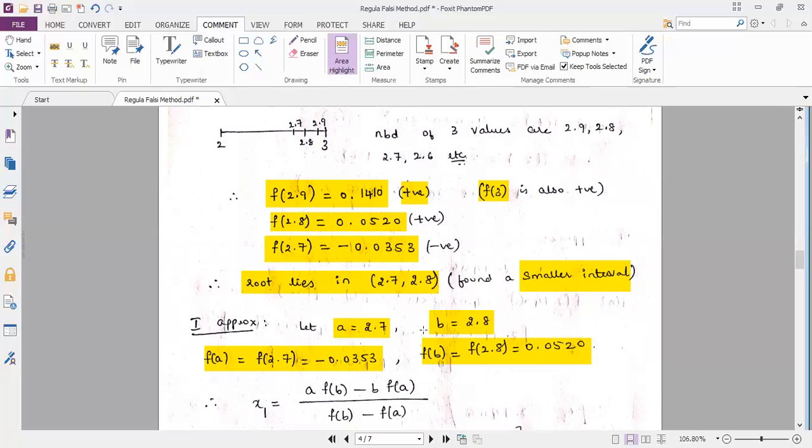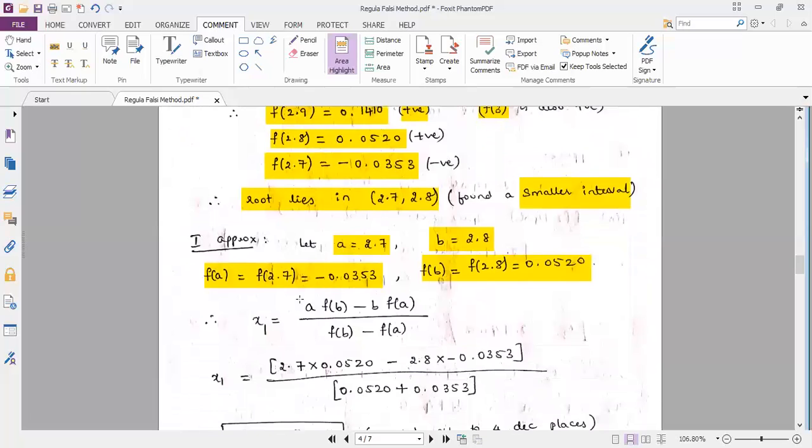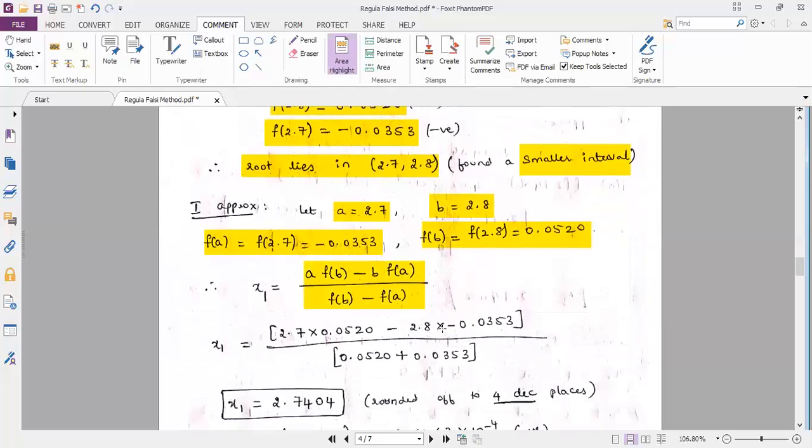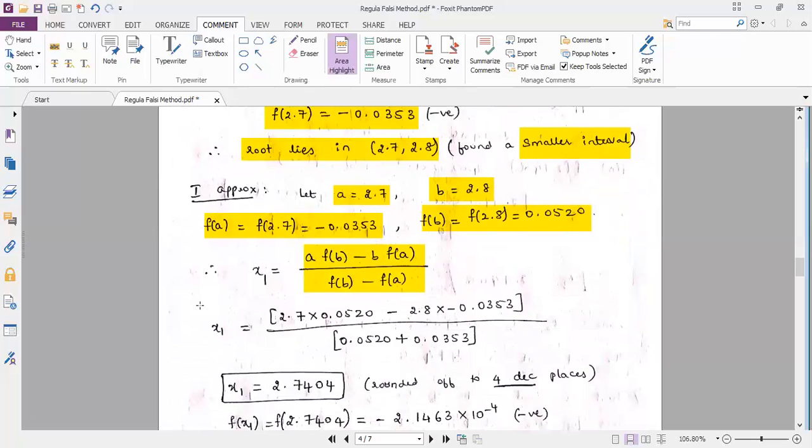With these values of A, B, F of A and F of B, substituting into the regula falsi formula, which is A F of B minus B F of A, the whole divided by F of B minus F of A, we obtain the first approximation for x as X1 is equal to 2.7404. Here we are rounding off the answer for X to 4 decimal places. The requirement is to get the answer for 4 decimals. So we are rounding off the answer for X1 to 4 decimal places.